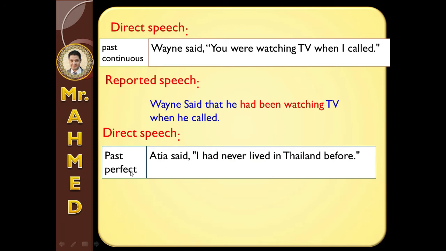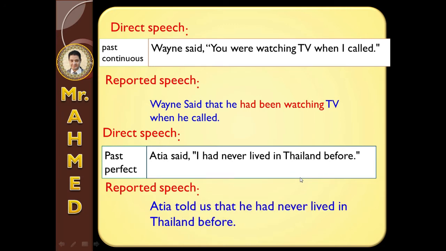Atiya said, "I had never lived in Thailand before." In the reported speech: Atiya told us that he had never lived in Thailand before. Here, had never lived remains as it is, because the past perfect will not be changed to any other tense. The past perfect will be past perfect.